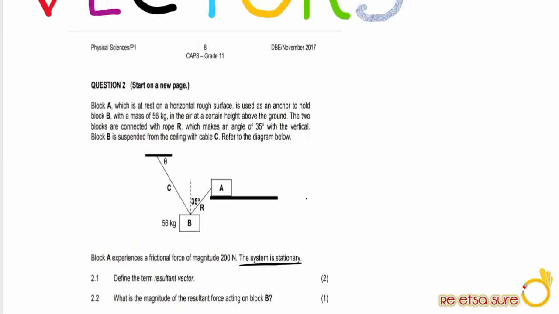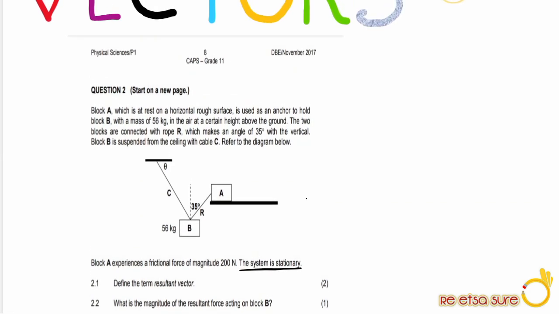Okay, so now we come across the first question for 2 marks. It says define the term resultant vector. 2 marks. Define the term resultant vector. What is a vector? My beautiful learners, when you define a vector or any other term, please do take the definition according to the way it appears on our examination guideline.